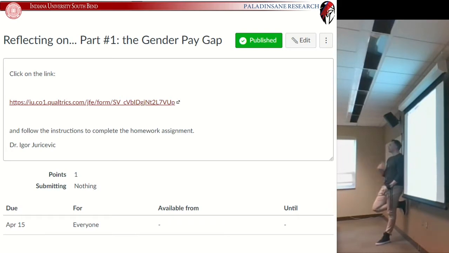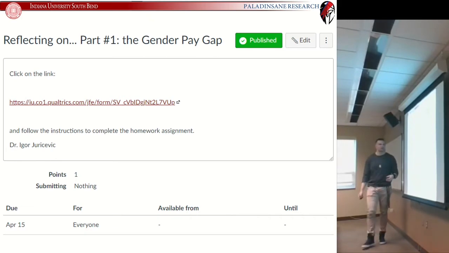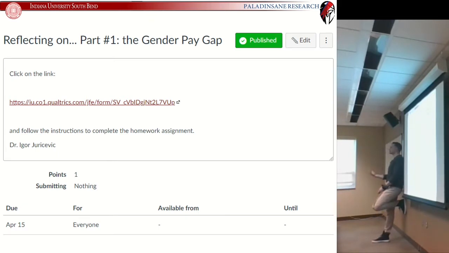Then you will be randomly assigned to one of two articles. I was thinking about assigning both of them, but I didn't want to overwhelm you at this time with another massive homework assignment. So you'll be randomly assigned to one of two articles, and then there will be a series of multiple choice questions regarding those articles. There are 3 per article.